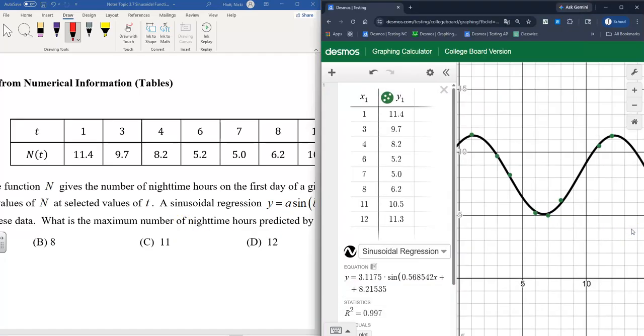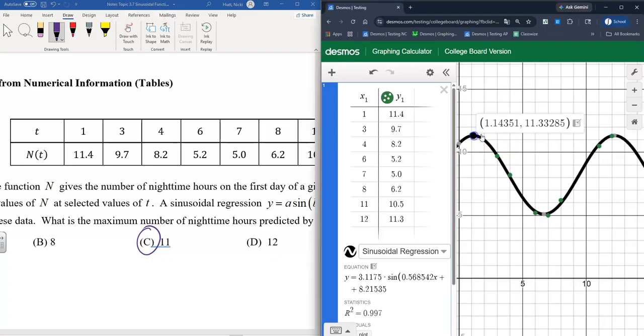So I don't love the question, but Evan, your logic is fairly decent that you would want to say 12 because clearly we go past 11. But because they're asking about the regression model here, you can see our maximum of this regression model is 11.33, which is actually lower than the 11.4 that we have.